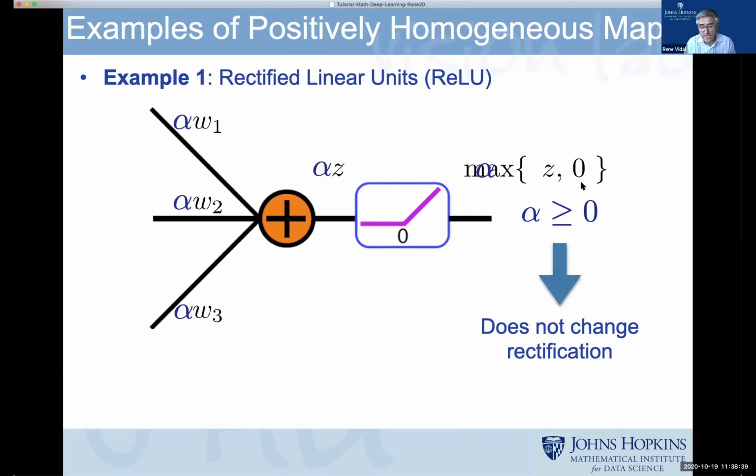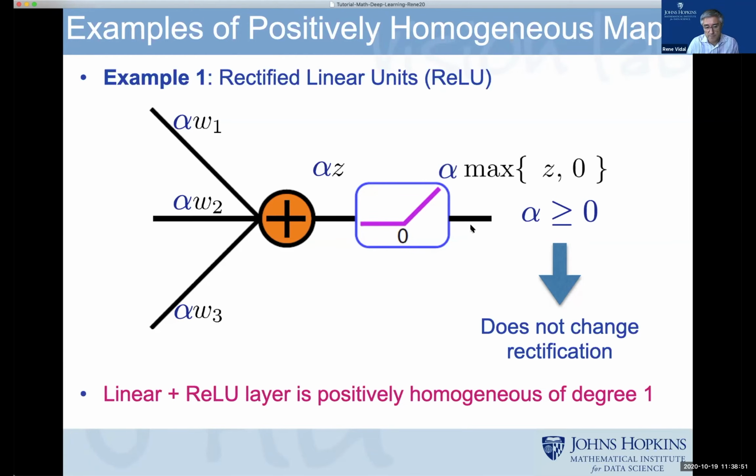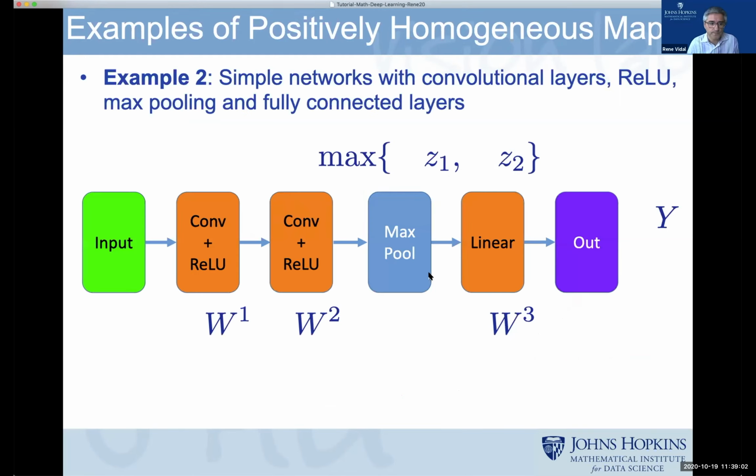And therefore, we can actually take the alpha outside. So the rectification is not changed by this non-negative scaling. As a consequence, a linear transformation followed by a ReLU is a map that is homogeneous of degree 1 by construction. Okay, so one of the most used layers is homogeneous of degree 1.